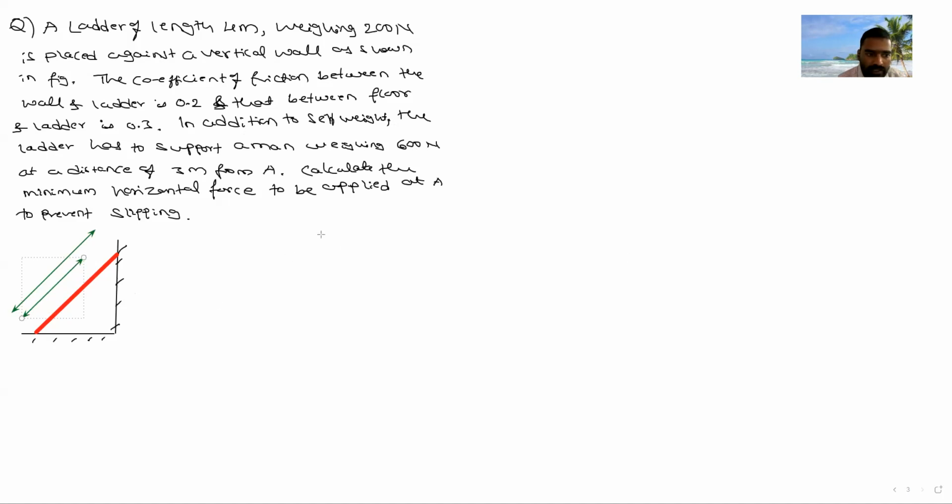Okay, 3 meter. So there is a man. The man's weight is acting in downward direction. This is the man's weight, and the self weight of the ladder is acting at the center.